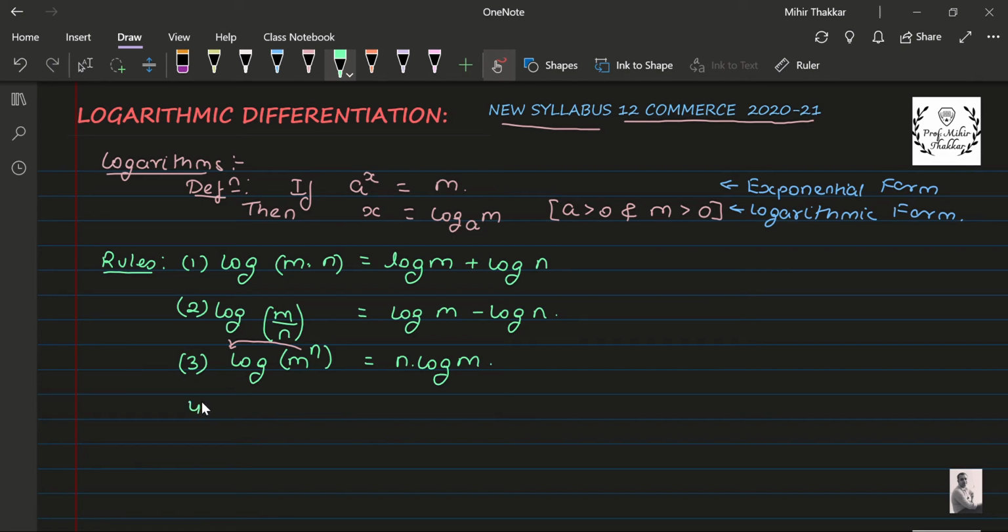Number four, if we have log of 1 to any base a, then log of 1 is always 0. Number five, log of any number to the same base is always equal to 1.